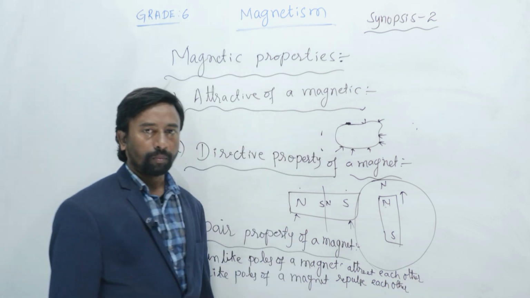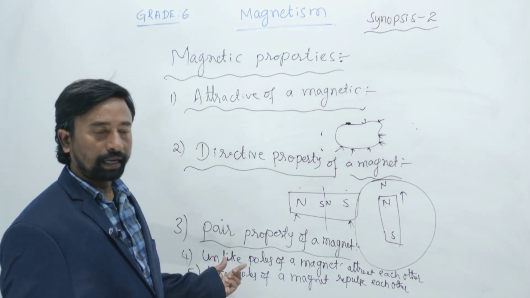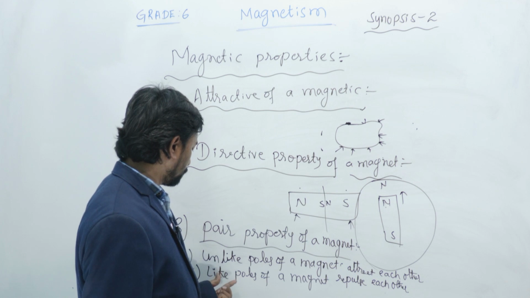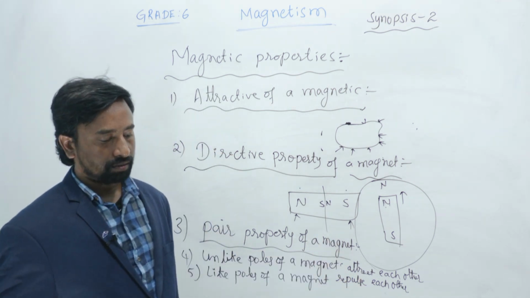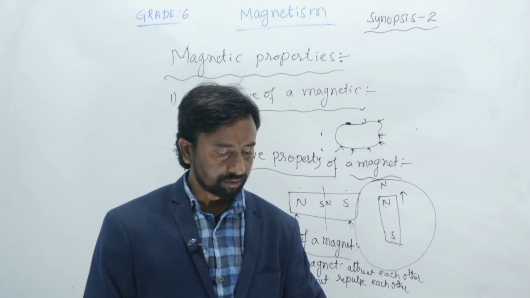That is the property. Like poles repel each other and unlike poles attract each other. That is another property of a magnet.